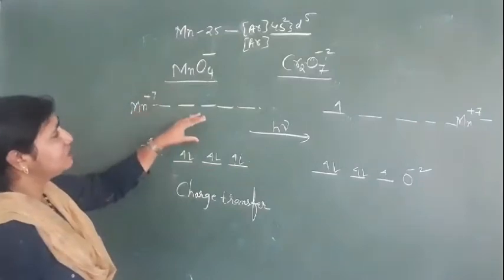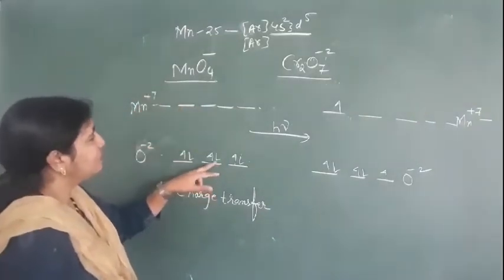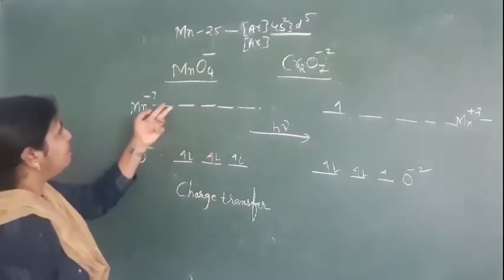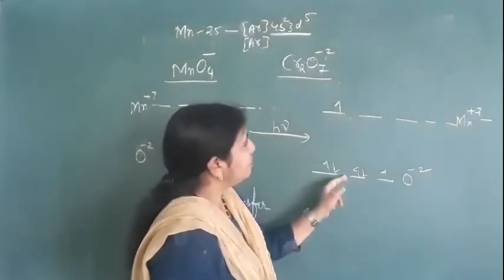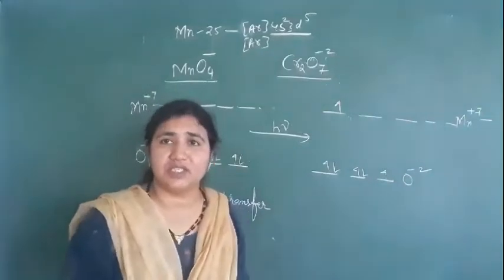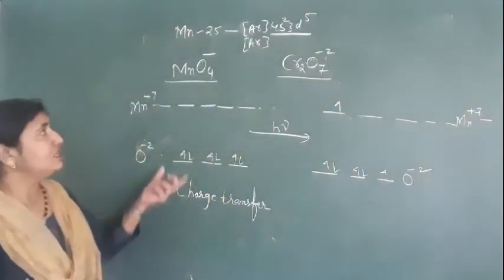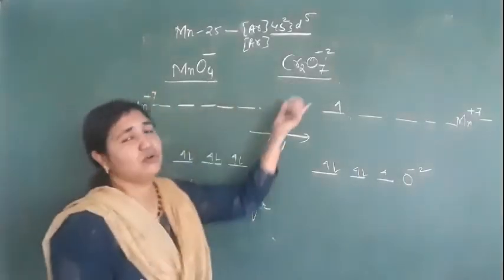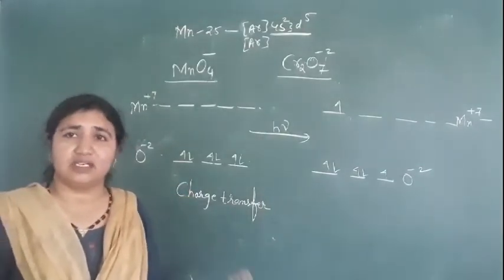When light falls on this substance, one electron jumps to the d orbital of manganese, and when it falls back, it gives the color. This is called charge transfer. So MnO4 minus and K2Cr2O7 have colors due to the charge transfer.